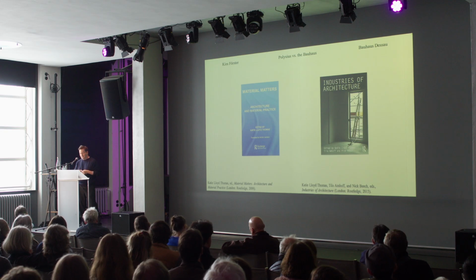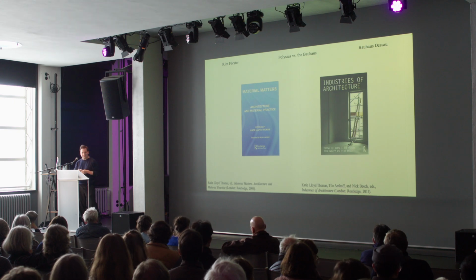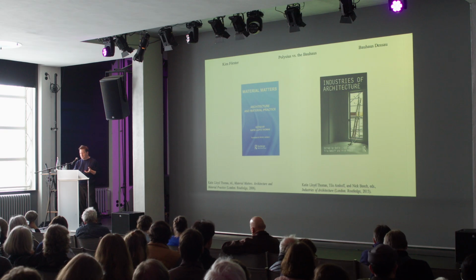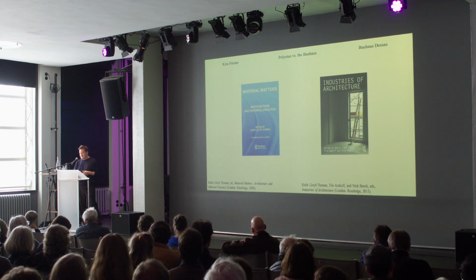The link between the Bauhaus and Polysius, however, is unclear, with no archival evidence of direct collaboration, like that with Junkers, for example. And additionally, secondary literature on the Bauhaus lacks mentions of Polysius and cement production in general. And in this context, I think the cement plant room provides a relevant contextual framework to start with.